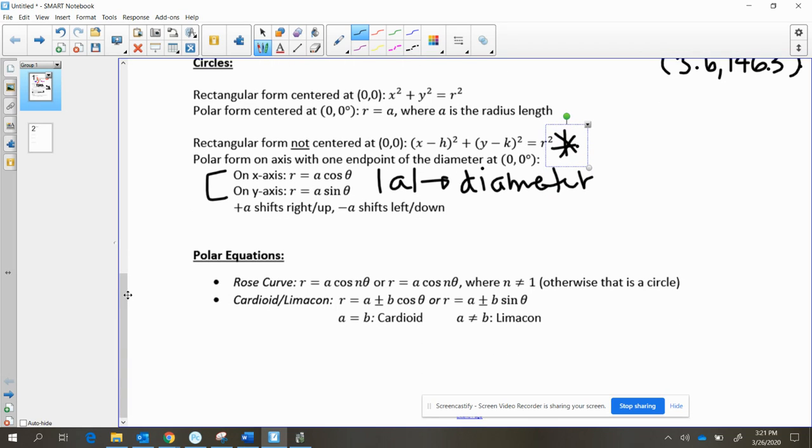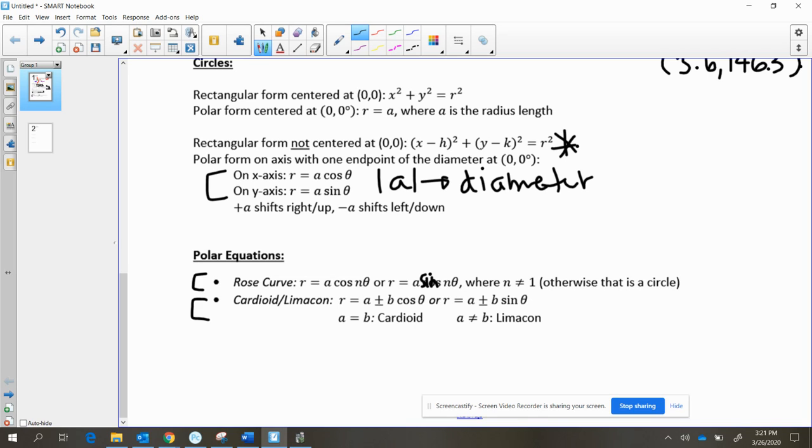Other polar equations we talked about from there, though, involve either being a rose curve, if you have the format a cosine n theta, or a sine n theta, typo there, where n is not equal to 1, because if it was equal to 1, it would be a circle. Or you have your cardioids and limaçons, and that's going to be with a plus or minus format to them, and you're looking at your A and your B values.